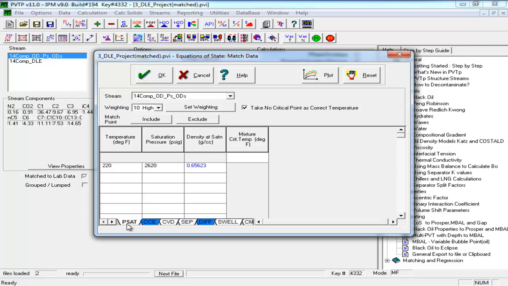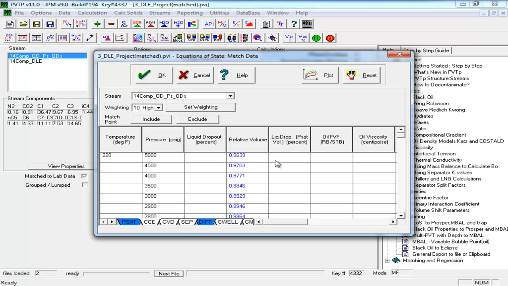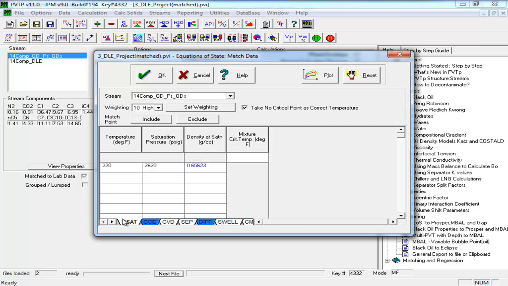For this CCE, do I need to take all the points? I know that if I match the density here by volume shift, then the relative volume will already be fixed.